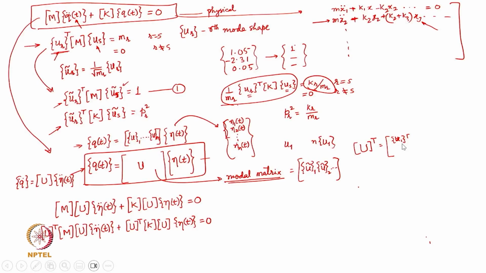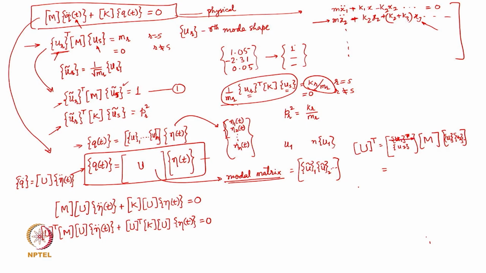The second row, I will have the second row here, U2, and so on, right? And I have your mass matrix here, and then I have U1, U2 and so on.